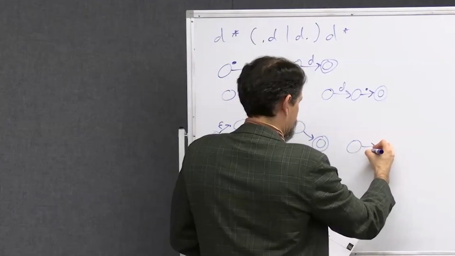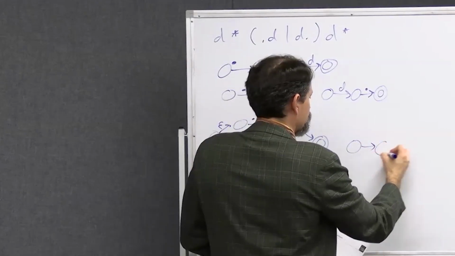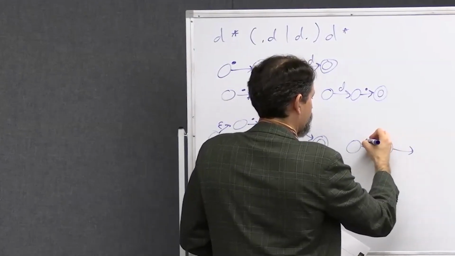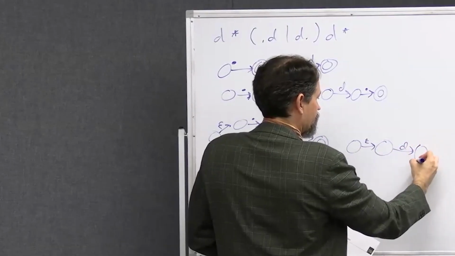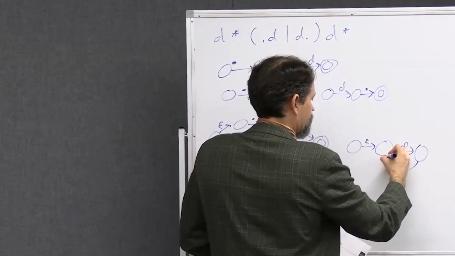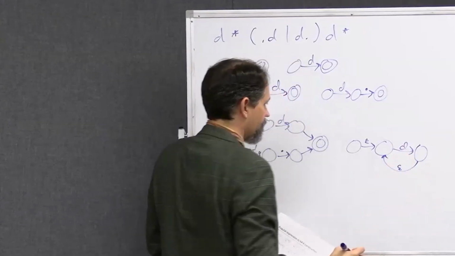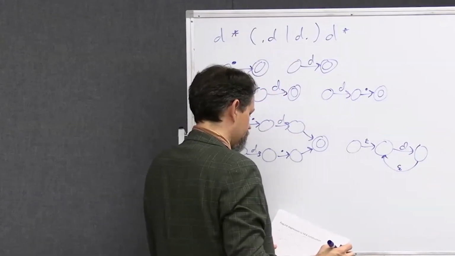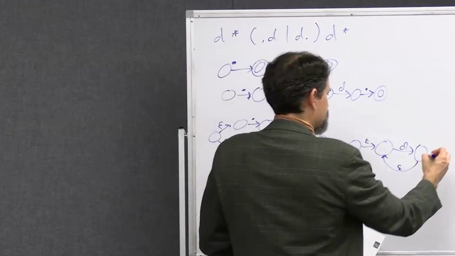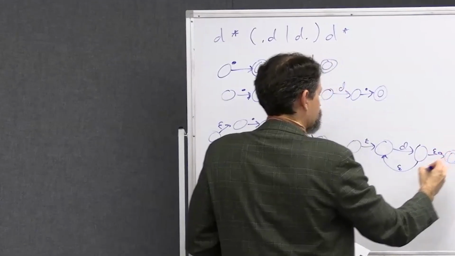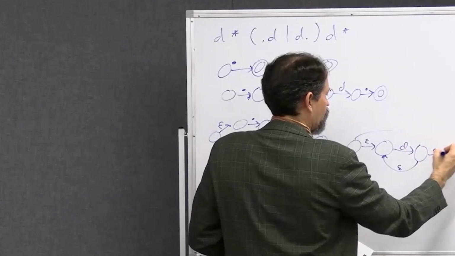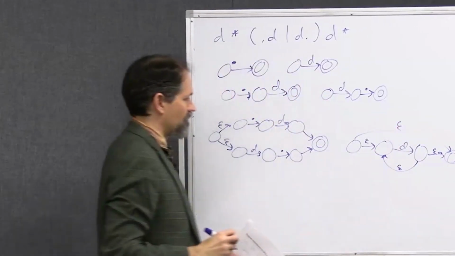And then we go to the inner part. We have an epsilon transition to the inner part, which is just a D. And then we have an epsilon here, and an epsilon to the end, which is the final state. And of course, we can skip the whole thing with another epsilon transition.